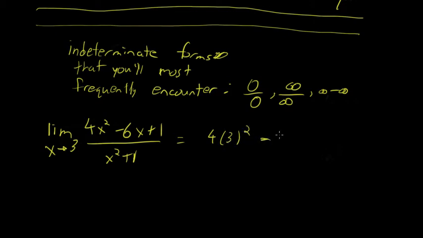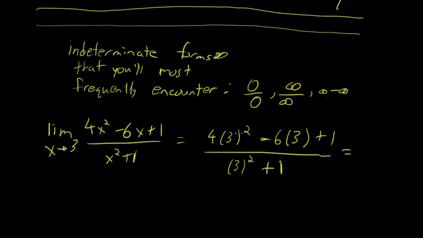This minus 6x is going to get close to minus 6 times positive 3. This 1 is just going to get close to 1. This x squared is going to get close to 3 squared, and 1 is going to get close to 1.